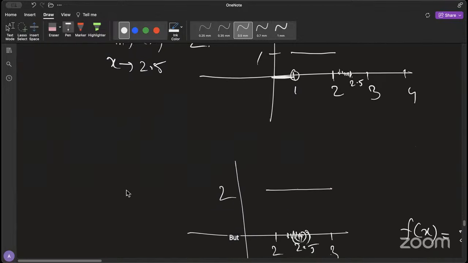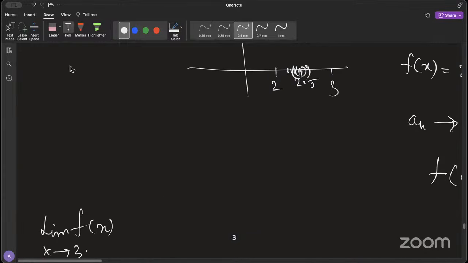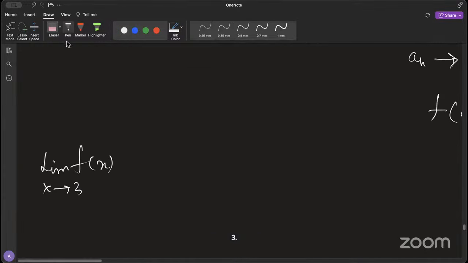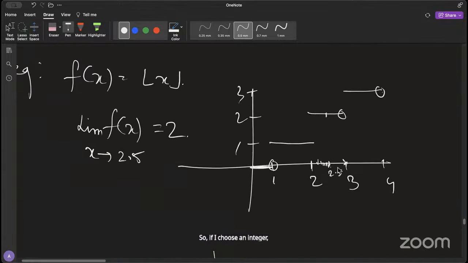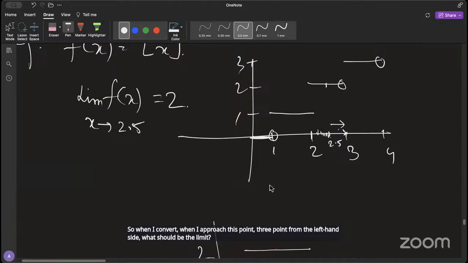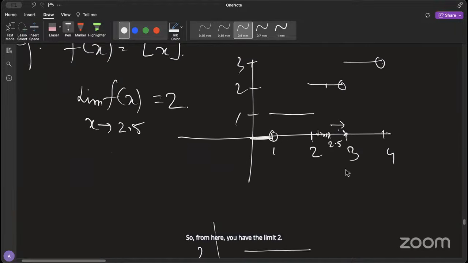But now let's say I take the limit of f(x) as x tends to 3, which is an integer. This time I'm trying to find the limit at this point. When I approach 3 from the left hand side, what should be the limit? 2. So from here you have the limit 2.